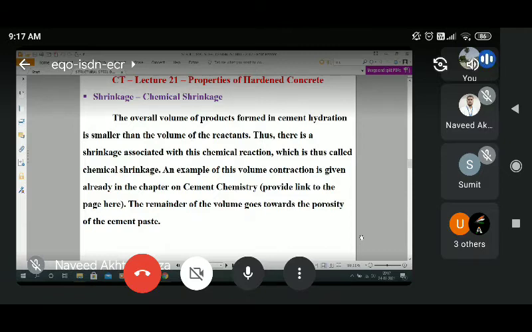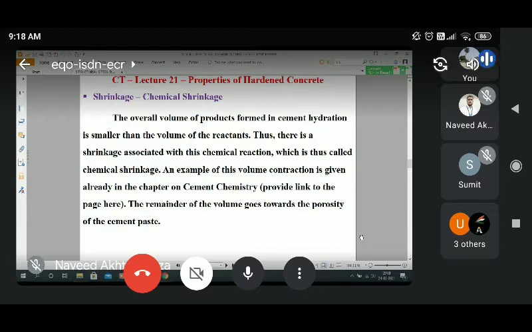An example of this volume contraction is given already in the chapter on cement chemistry, chapter number 1, as we have seen, and chapter number 2, the production of concrete. The remainder of the volume goes toward the porosity of the cement paste.